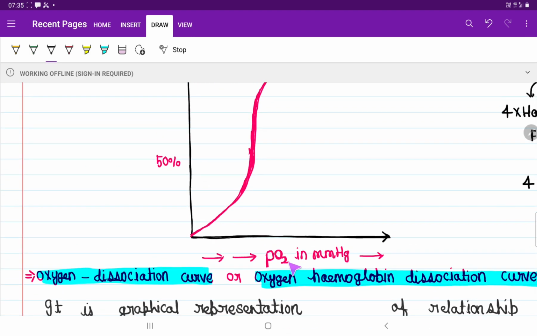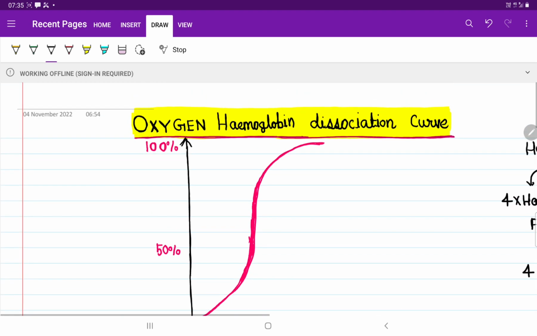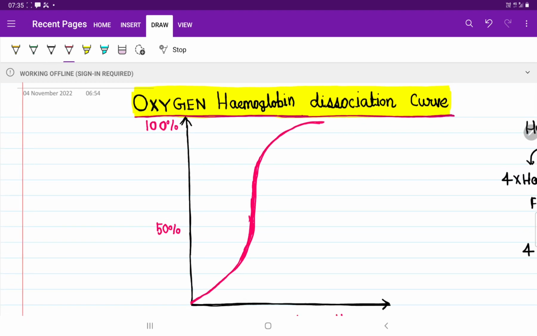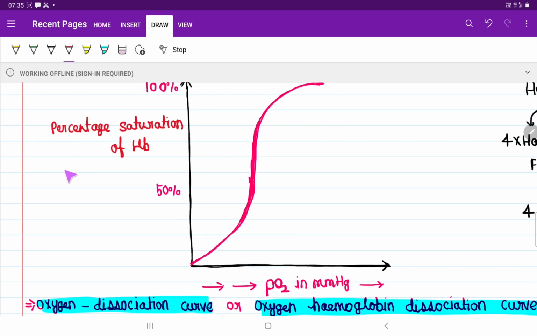That is what we will see here. What is the relationship of partial pressure of oxygen and percentage saturation of hemoglobin? This percentage saturation of hemoglobin you call oxyhemoglobin.